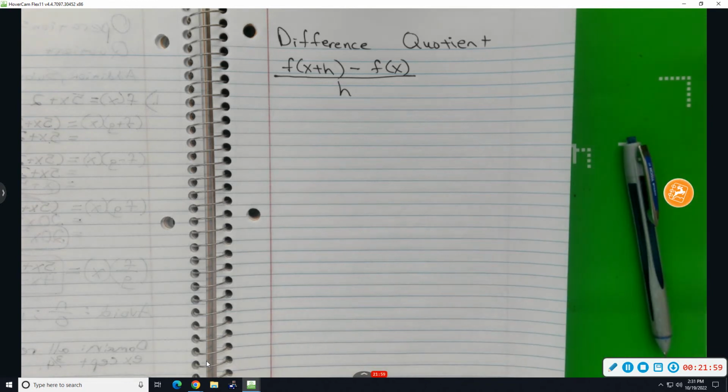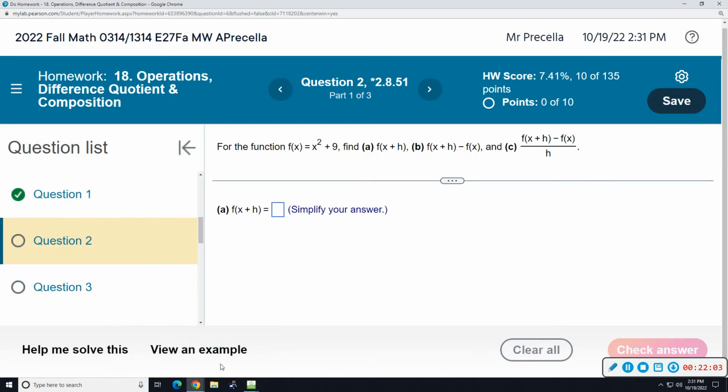So, let's look at problem number 2. They're breaking it up into the 3 parts that I use. I use this definition in my business calculus classes, and I split it up the same way they do here on number 2. First of all, find f of x plus h, then subtract off f of x, and the last step, I divide by h.